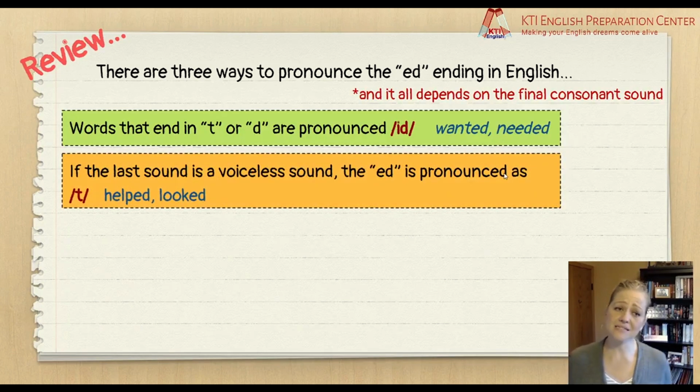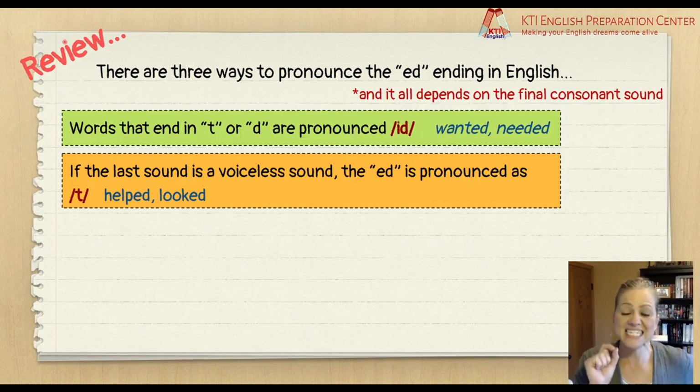If the last sound is a voiceless sound, again, the common pronunciation mistakes video has what are voiced and voiceless sounds. Voiceless consonant sounds, then the ed is pronounced as t, just the letter T, still spelled ed, but it's pronounced t.